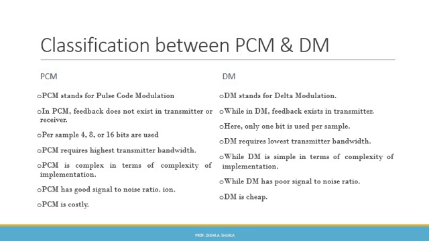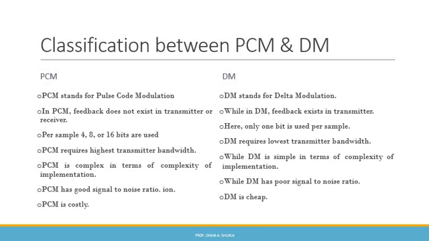Now the other method was delta modulation. As you know, in PCM, in the quantization you are giving values between 0 to L, but the difference between PCM and DM is that in DM only two values are given.